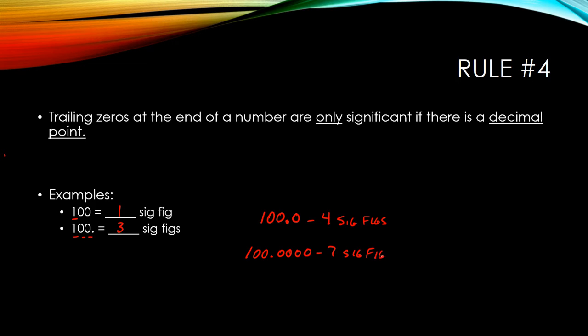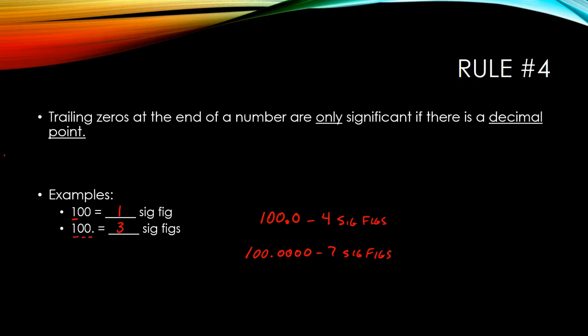So I know this is a little confusing, but the idea is the decimal point shows us our degree of accuracy. Just like when we talked about measurements, sometimes a measurement falls right on the line, but you still have to write something like 0.0, right? The same idea is true with significant figures.